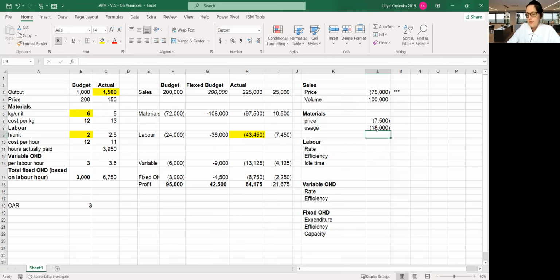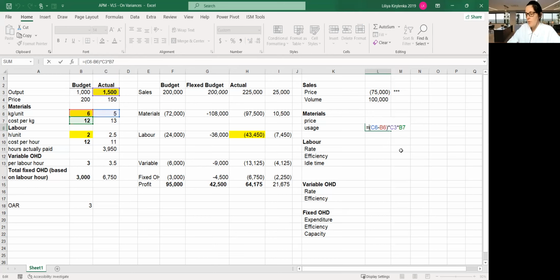And now we need to think about whether it's for the benefit or for the worse. Well, we were planning to spend 6 kilos per unit, but spent 5. So the amount that is in brackets is for the benefit of the company, so it has to go with a plus sign. And in here we got minus, so we need to put minus in front of it.